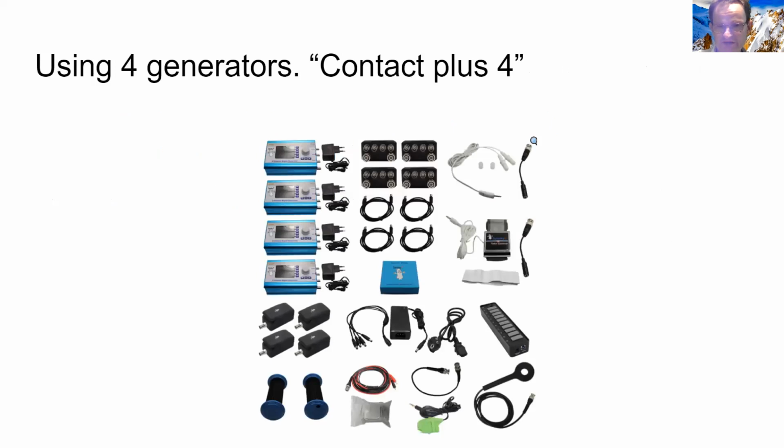Now we're going to talk about using 4 generators, which is the contact plus 4 method. That's the hardest, with contact plus 4. The hardest killer you're using is contact, and everything else is remote.